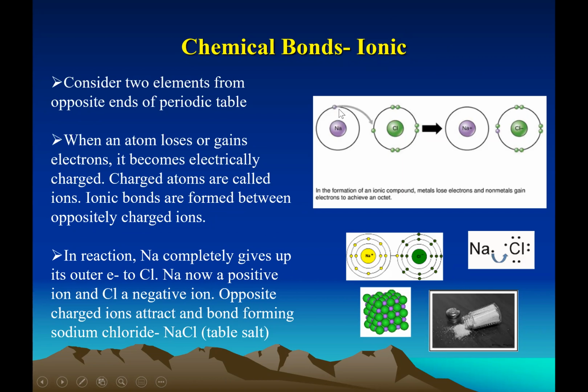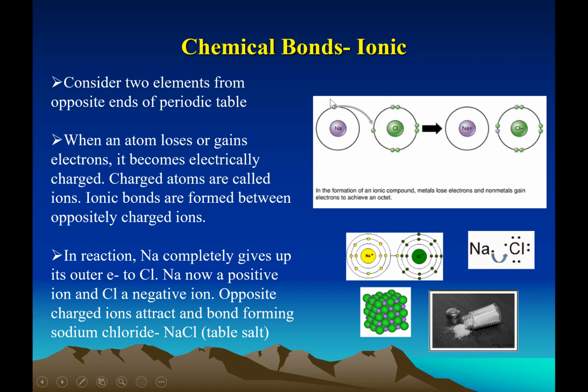In order to become stable, it needs 7 more, which is very energy consuming. So it is better for sodium to donate an electron in order to become stable. Chlorine, on the other hand, has 7 electrons in the outer shell and needs just 1 more. So instead of losing 7 electrons to become stable, it is going to accept an electron.